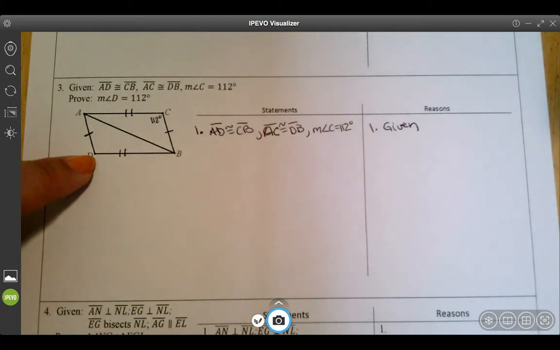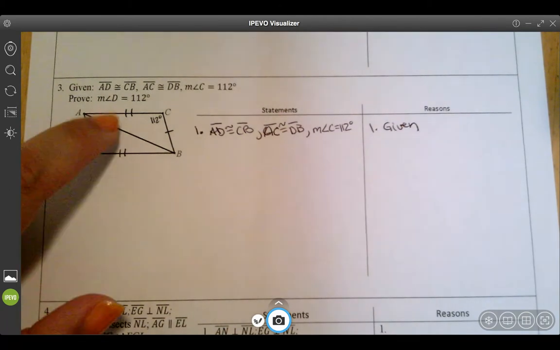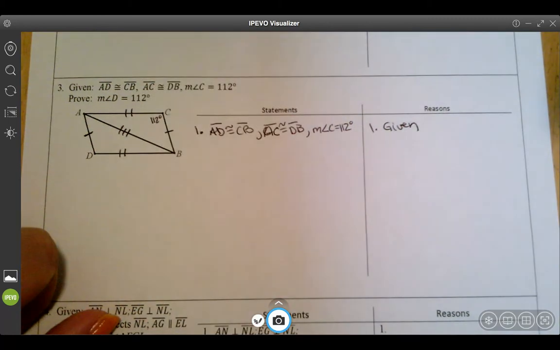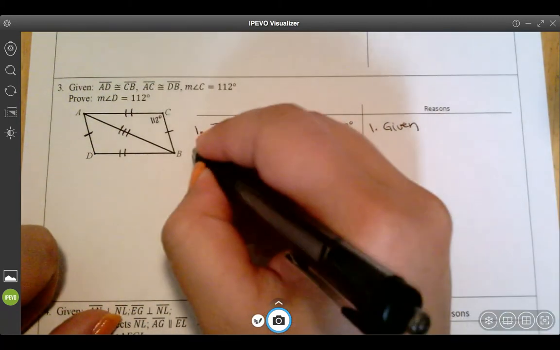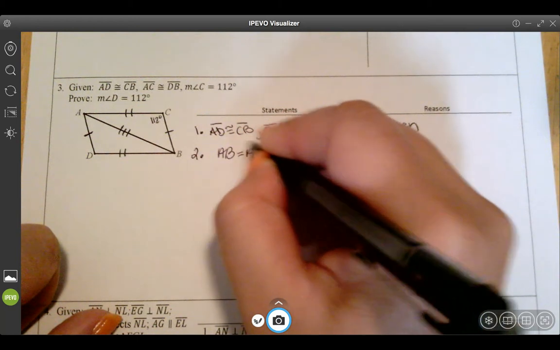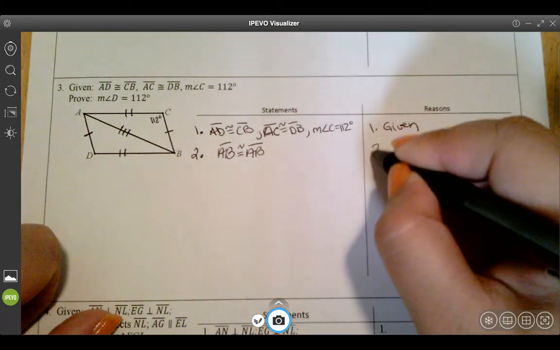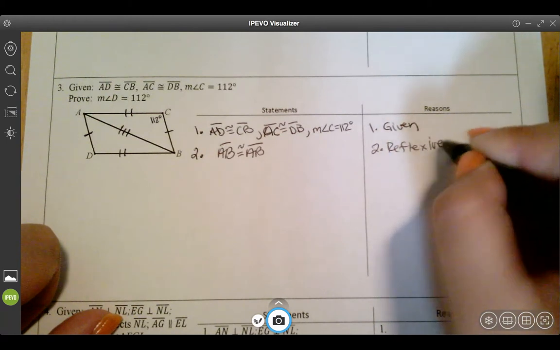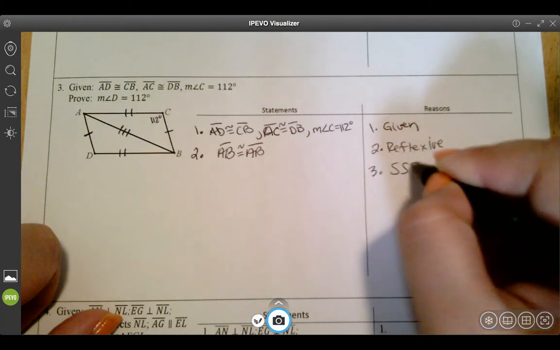We don't have that information yet. So instead, let's see if we can find the third side. We have the reflexive property that tells us, step 2, segment AB is congruent to segment AB. And now we have what we need to prove SSS.